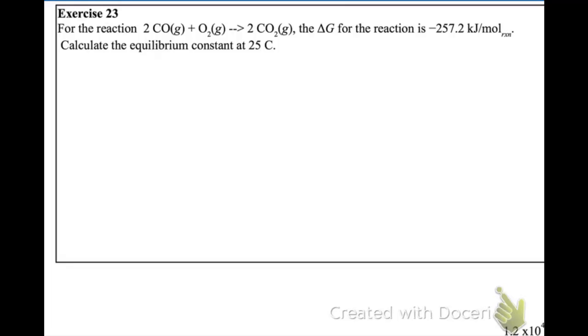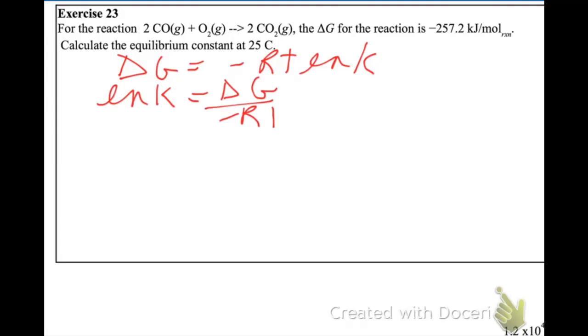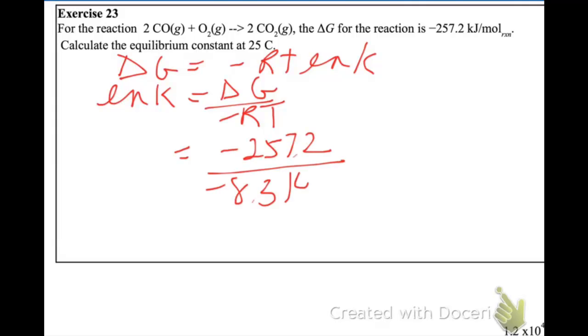Alright, here's, I think, the last one. For the reaction of carbon monoxide plus oxygen to yield carbon dioxide, I have my delta G, and we want to calculate K, the equilibrium constant. I'm going to use the Ratlink equation again and solve for ln K. And when I do that, remember my delta G is in kilojoules, my R is in joules, so I've got to change it.